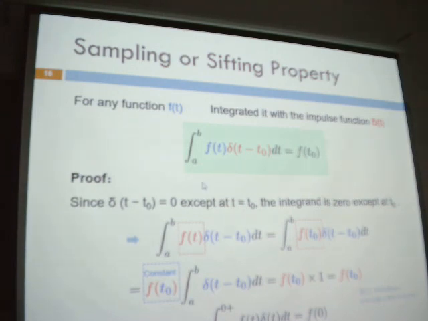There is a special case, because we didn't put any limit for a and b. So a and b can be 0 minus and 0 plus, and t0 will be 0 here, so the value will be f(0). That means if we want to find the value at t equal to 0, we just multiply f(t) by delta t and do this integration, okay?